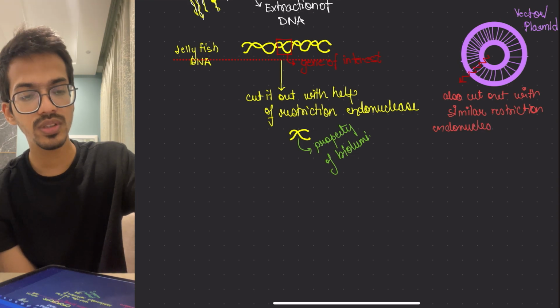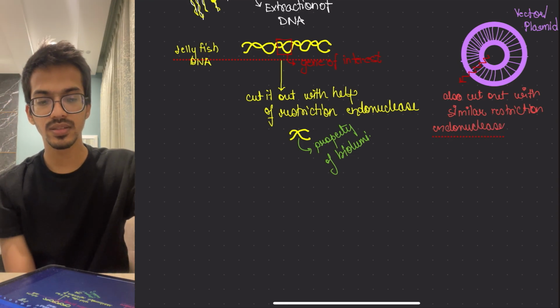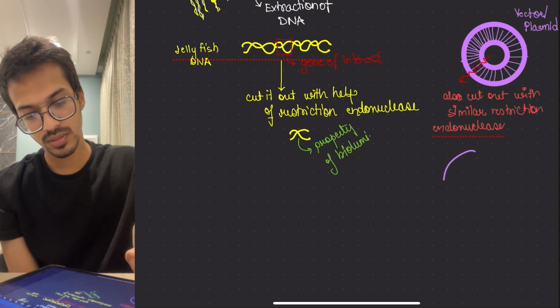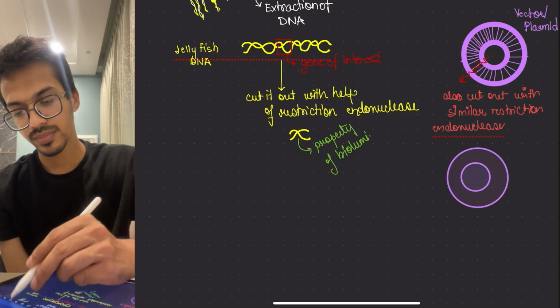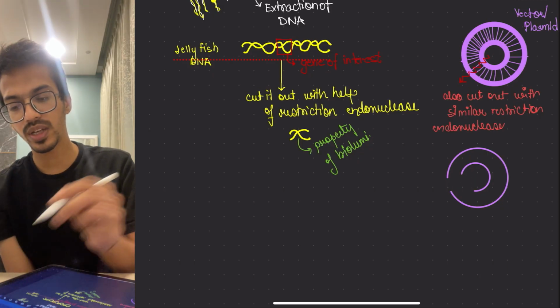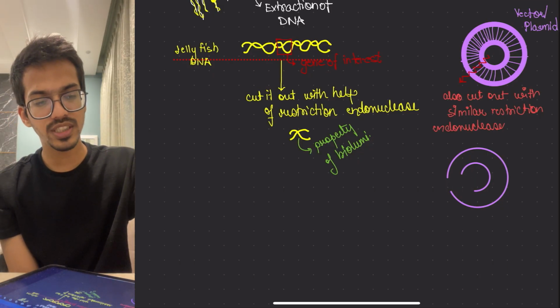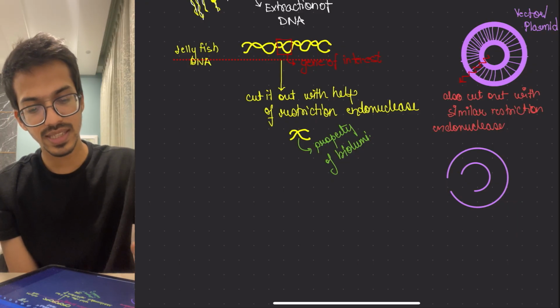Now after the cut, how will it look? Let's see. This way. The rest of the sequences are all there, just a certain sequence has been cut, nothing else has been changed.